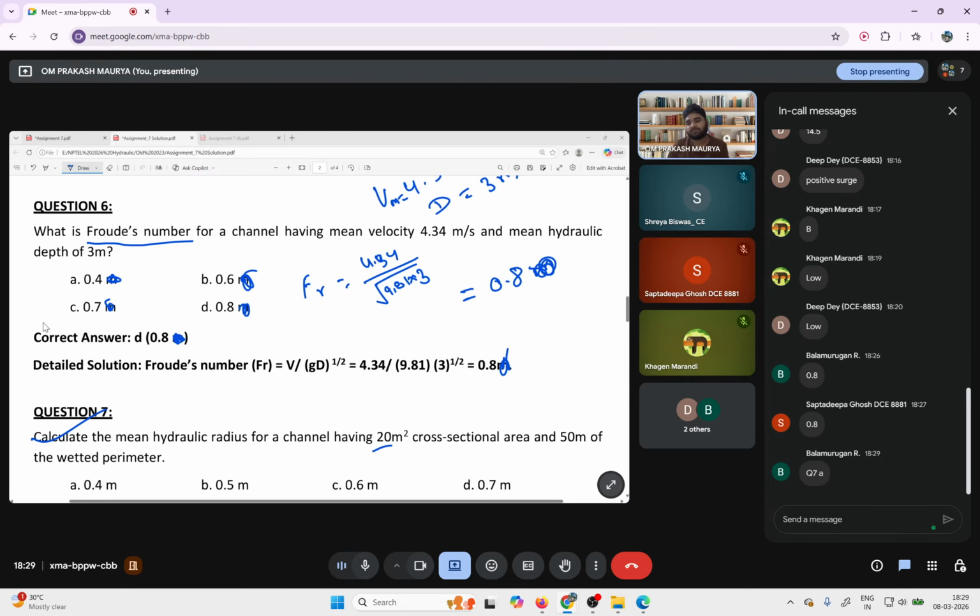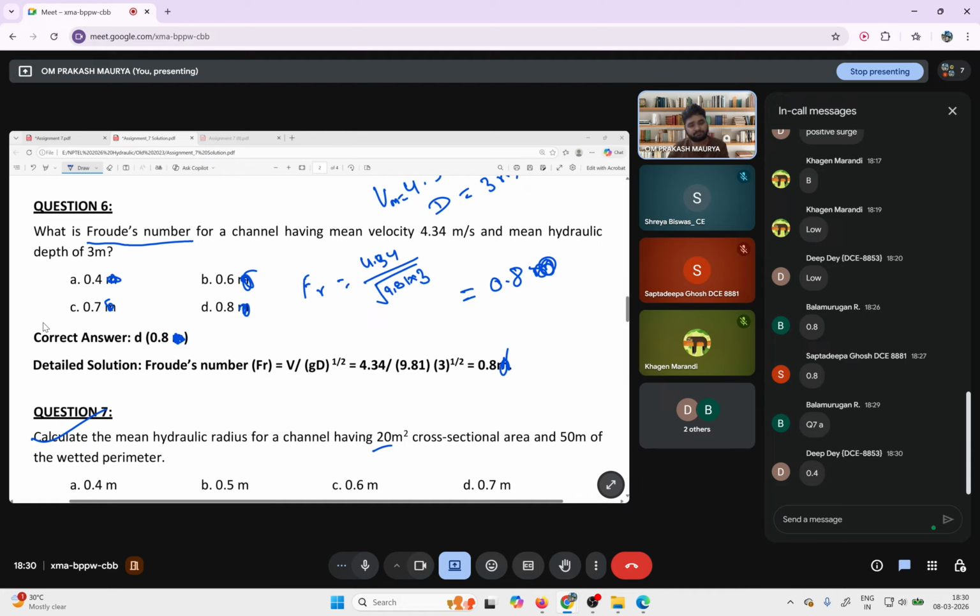Bala is telling 7A, 0.4 meter. This is a very easy question. If you do not have a calculator, you can also calculate easily, because the numerator and denominator are divisible, so no issue.